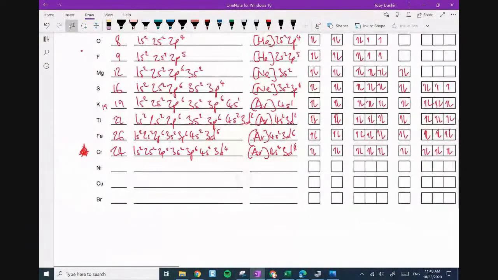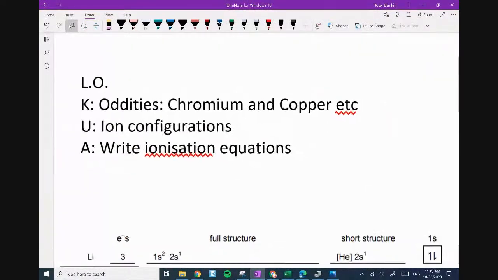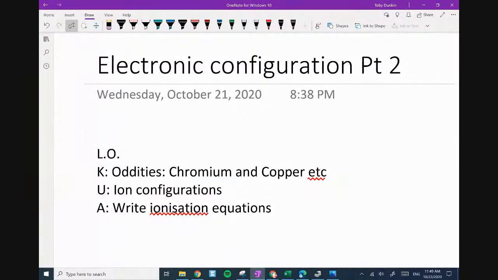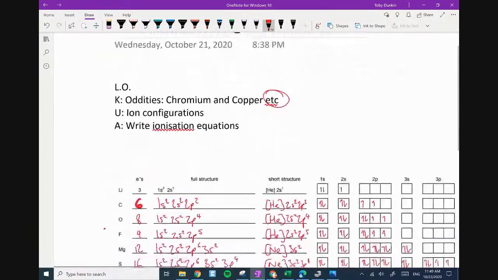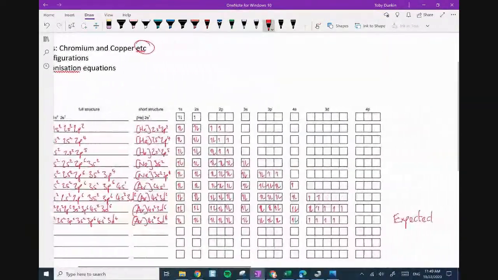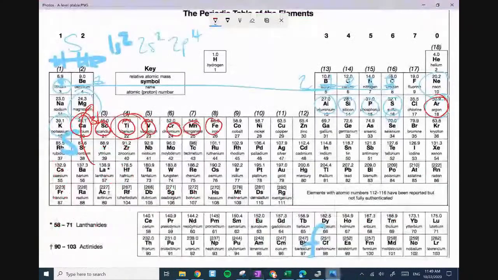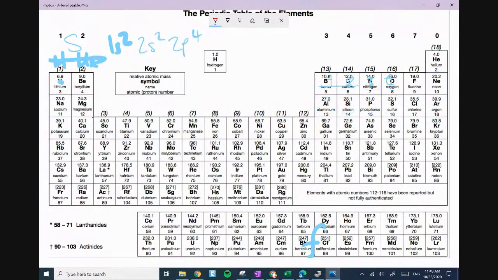So today's lesson, by the way, the title is Electronic Configurations Part 2. First learning objective, know the oddities of the table, chromium and copper, etc. Now, the reason for this is because in reality, if I spot chromium and copper, the oddities are here and here.